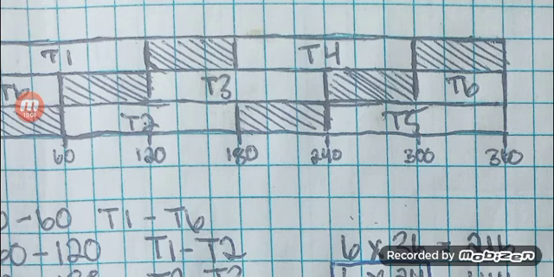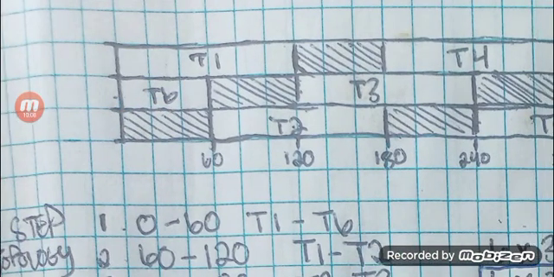So, during this first 120 degrees, you can see that T1, T6, and T2 are all turned on. Well, T2 doesn't turn on until 60 degrees, but T1 and T6 both turn on at the same time until 60 degrees, and then T6 turns off, and then T2 turns on.